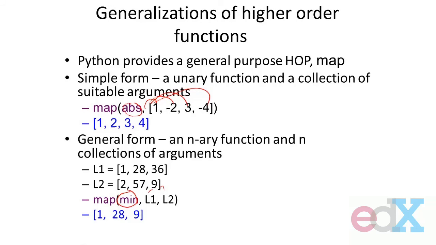So in the case of min, where min takes 2 arguments, I can give 2 lists, L1 and L2, to map, and it respectively applies min to that pair, then min to that pair, then min to that pair, to create this list that it returns. We're going to come back to this idea of using higher order procedures throughout the term. But you've now got a sense of, once I have lists and once I treat functions as first class objects, the kinds of things I can start to do with it.